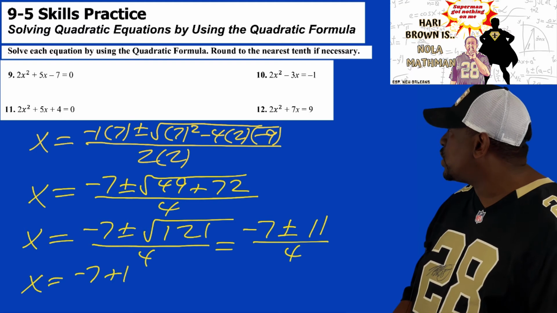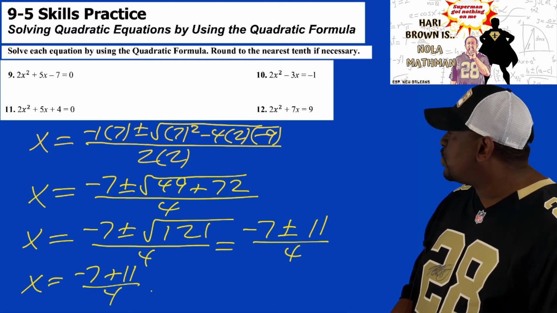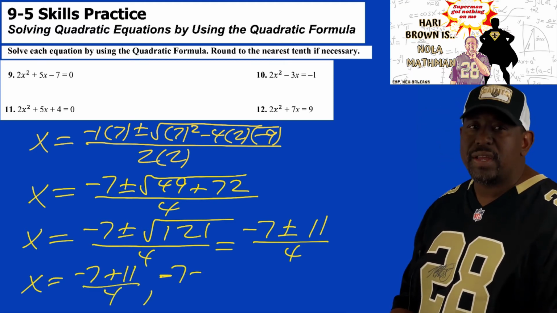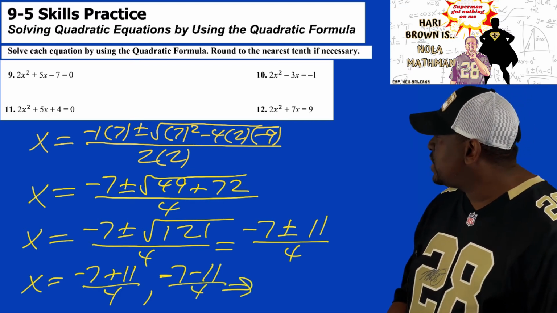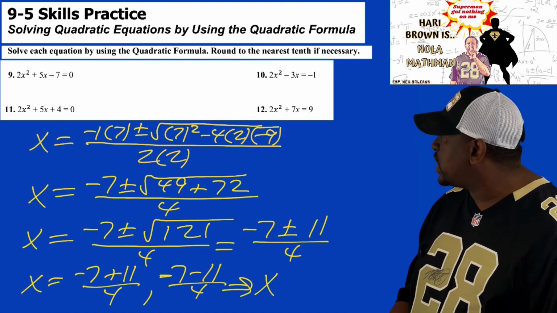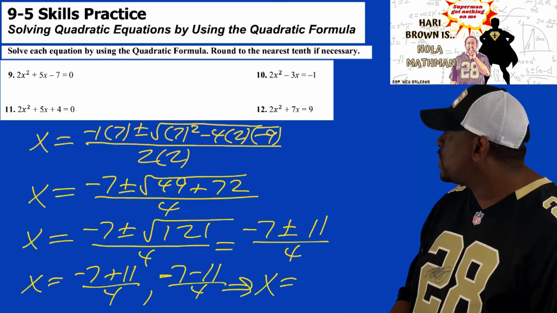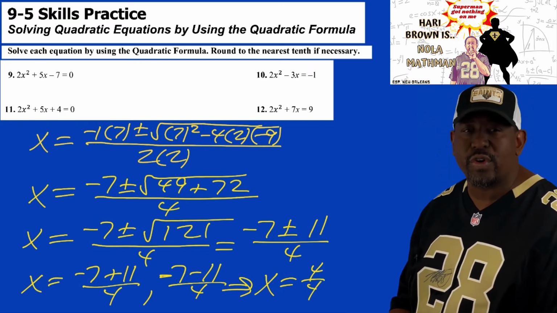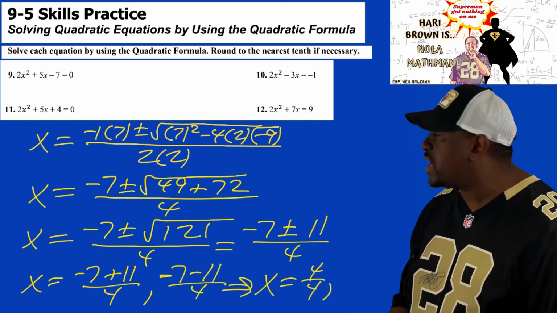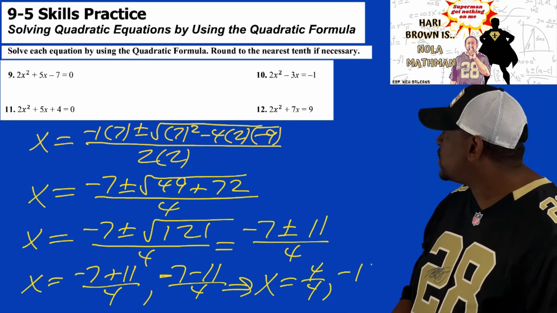We create two equations: negative 7 plus 11 over 4, and negative 7 minus 11 over 4. The first equation will get us 4 over 4, which is going to be 1. The second equation will give us negative 18 over 4, which will simplify to negative 9 over 2, I believe.